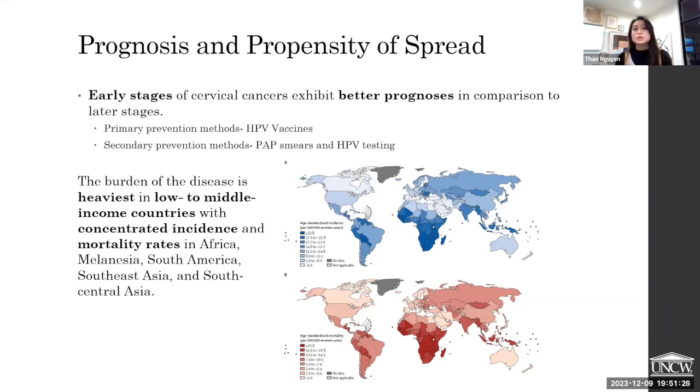This is where the burden of the disease lies heaviest in low to middle income countries, with concentrated incidence and mortality rates in Africa, Melanesia, South America, Southeast Asia, and also South Central Asia. And this is due to the fact that women who face financial issues and or who lack health insurance are less likely to get regular screenings, preventing the possibility of either early diagnosis and or treatment.